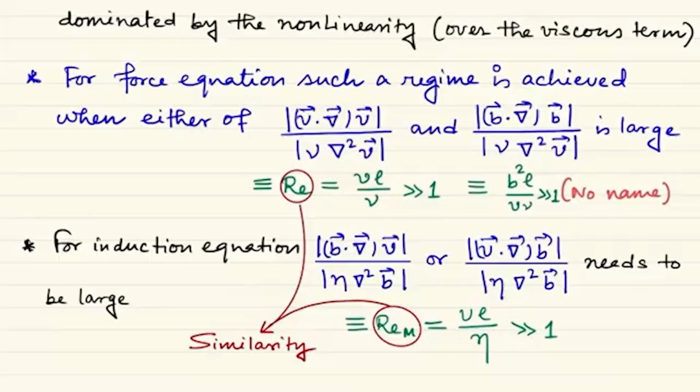Just take the case of the normal Reynolds number, whose expression is simply VL by eta.